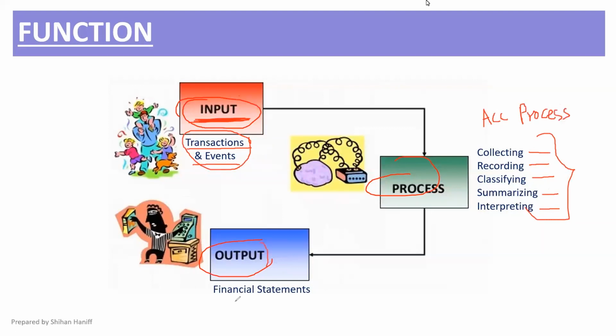And the output of accounting is the financial statements. Input, process, and output. So let's see what are the inputs. We call it transactions and events. Accounting input has transactions and events.